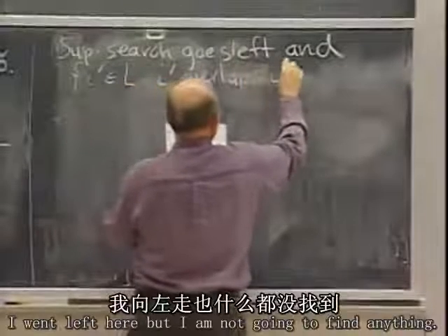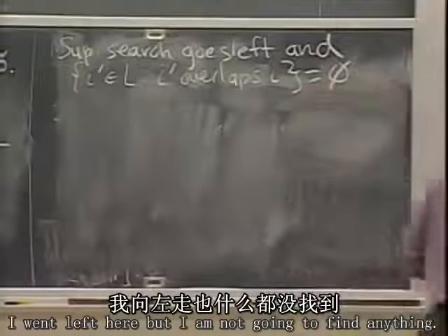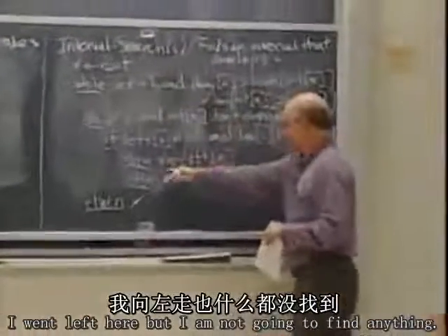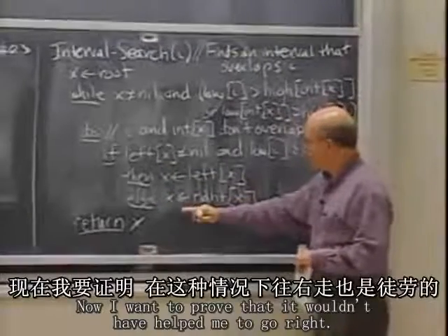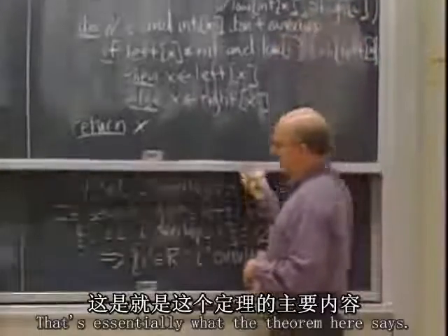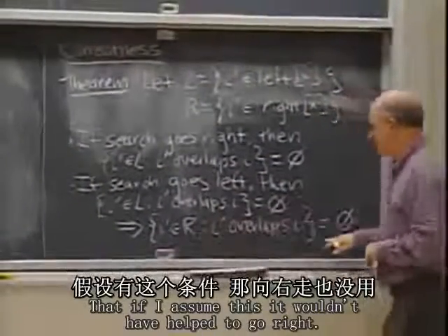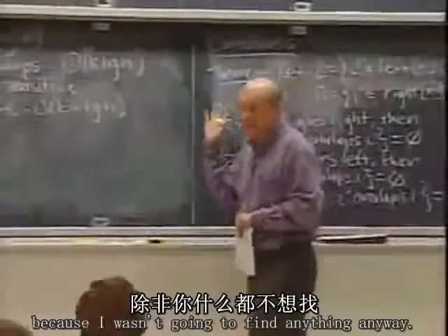Now, I went left here, but I'm not going to find anything. Now I want to prove that it wouldn't have helped me to go right. That's essentially what the theorem says, that if I assume this, it wouldn't have helped to go right. I want to show that there's nothing in the right subtree, so going left was okay because I wasn't going to find anything anyway.